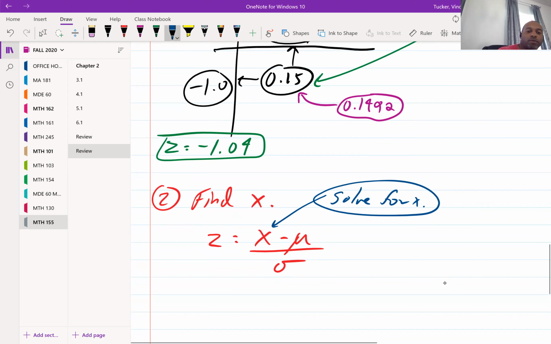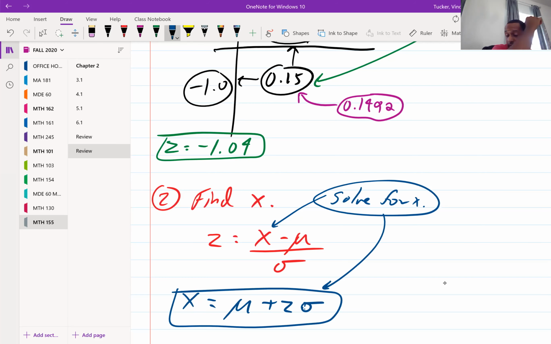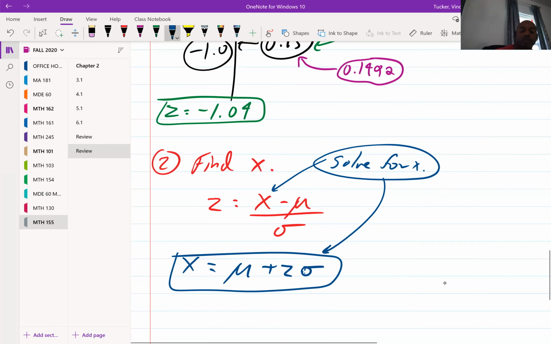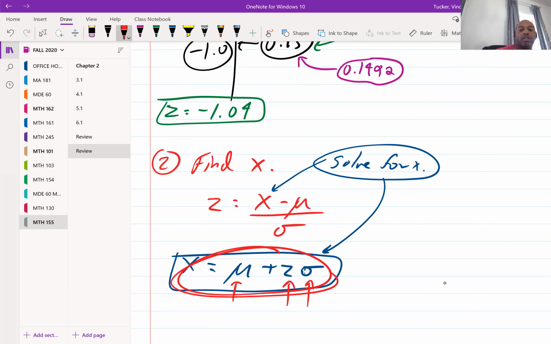So that would leave me with the formula x equals mu plus z times sigma. I'm not asking you to solve it. I'm just going ahead and giving it to you. And this is what you would use to find the data value. If you have your mean, your z-score, and your standard deviation, if you have those three pieces, then you have enough information to find your actual data value. And so this right here is just a manipulation of this formula right here.